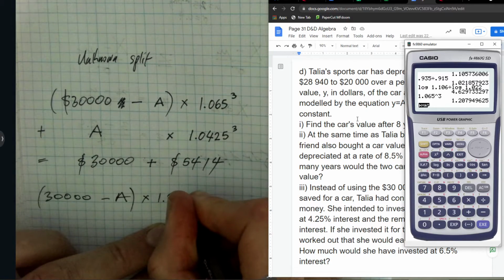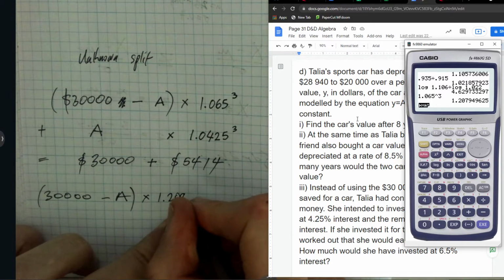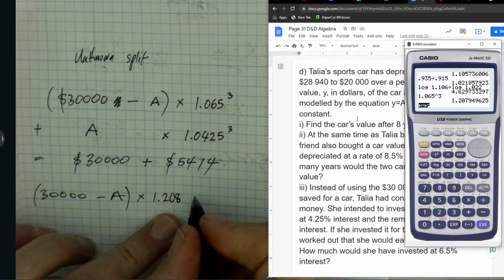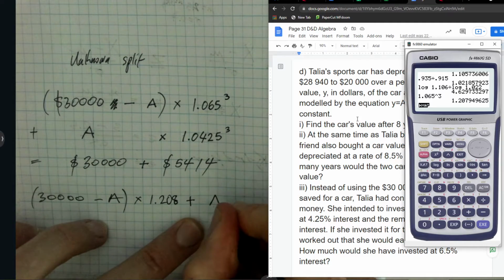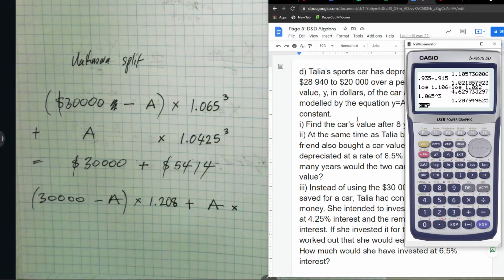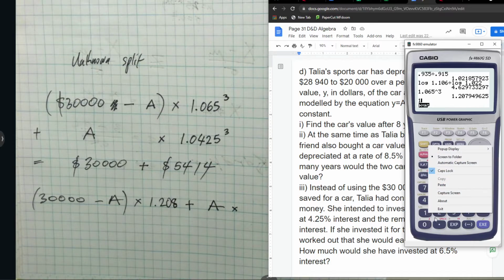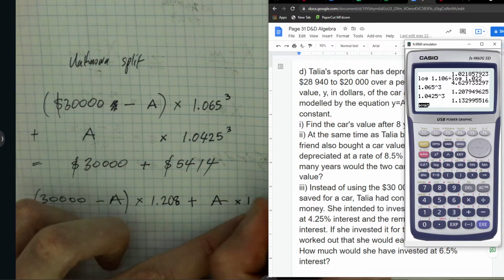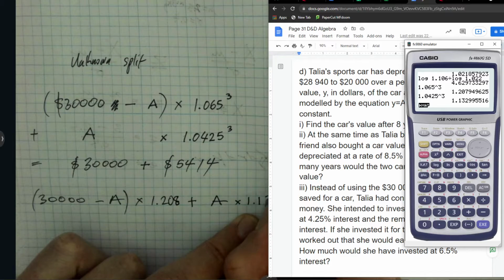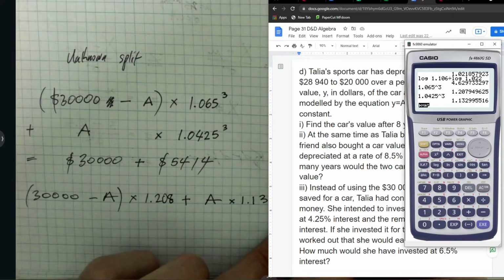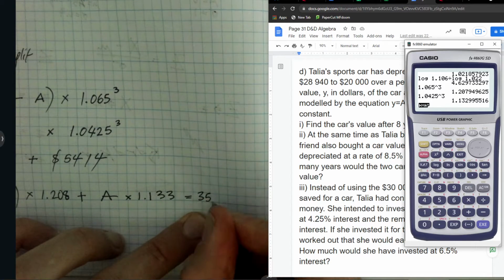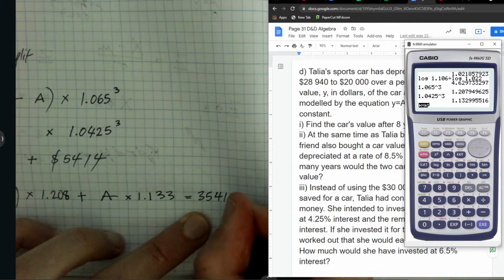It's an ugly plus that A amount times, and let's work out this one here, 1.0425 to the power of 3, 1.133 equals, and then that combined amount, so that's just going to be 35 grand 414 bucks.